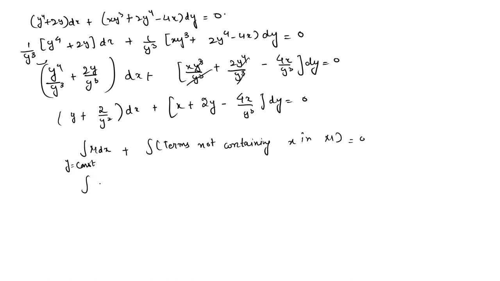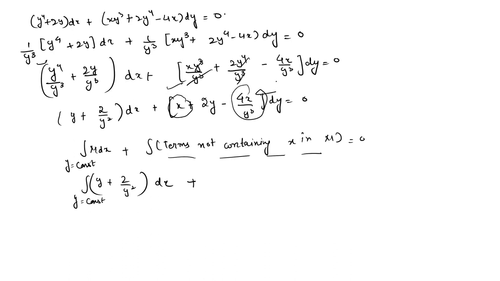So have a look. Here is (y plus 2 by y square) dx. y should be a constant term, plus terms not containing x. This term contains x, this term contains x, so we will be left with only one term, that is 2y. So here it should be integration of 2y dy equals to c.